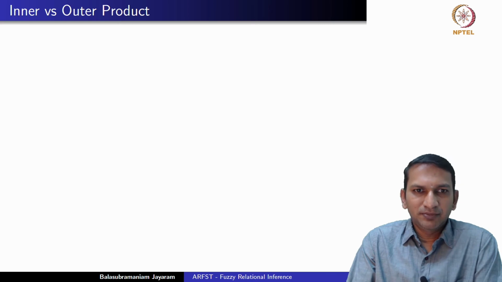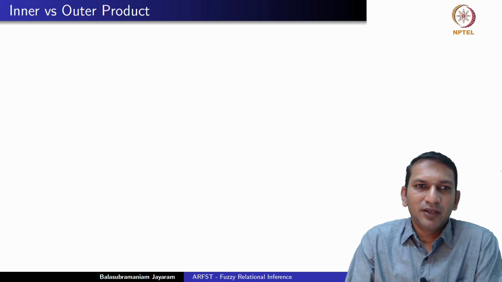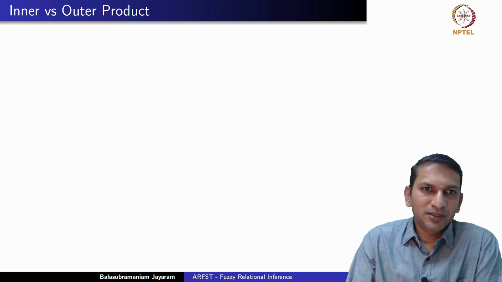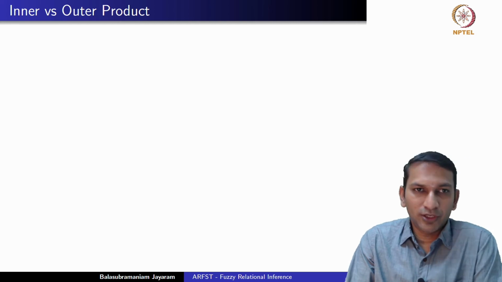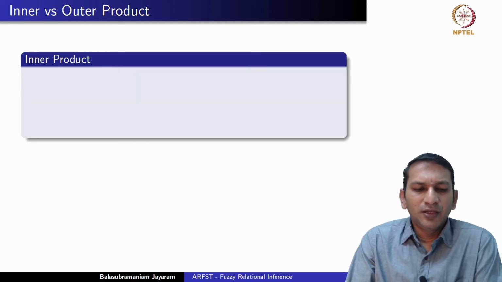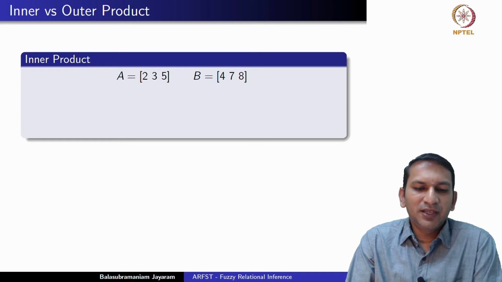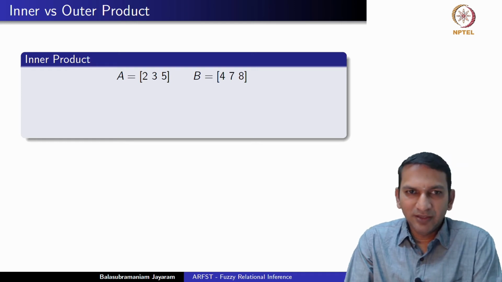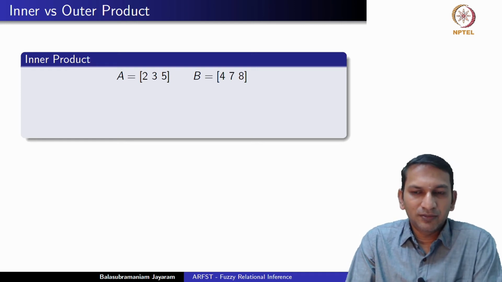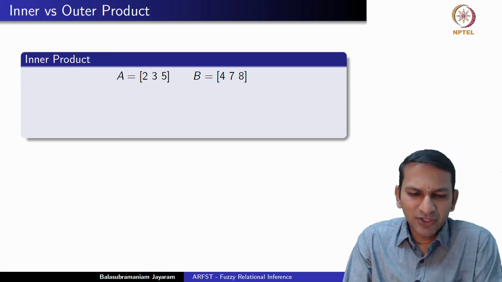In linear algebra, or basic matrix theory, we would have heard of inner products. Perhaps some of you are aware of outer products too. So what's an inner product? Typically, we are given two vectors of similar dimension.